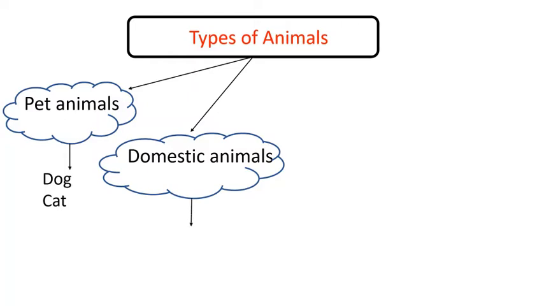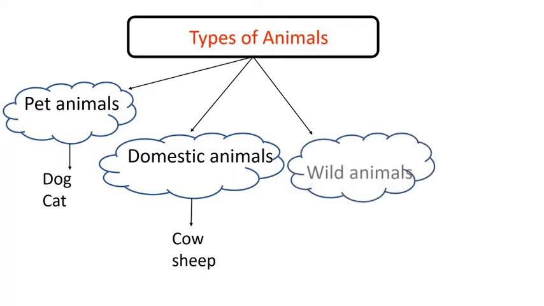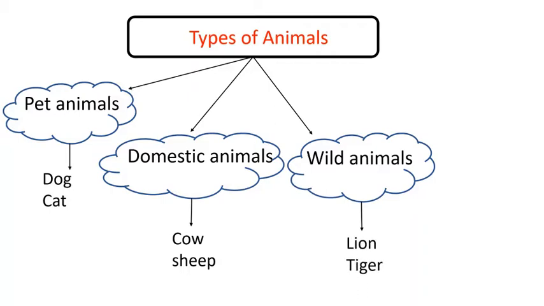For example, cow, sheep, camel, ox, etc. Next, animals that live in the forest are called wild animals. For example, lion, tiger, elephant, giraffe, etc.